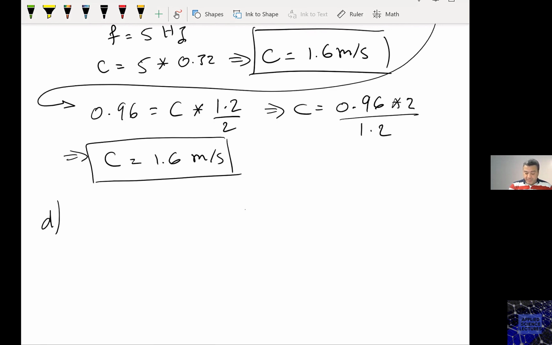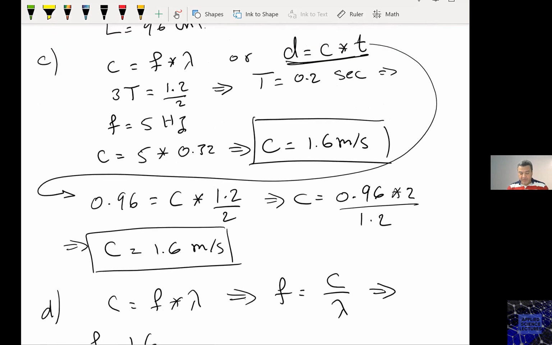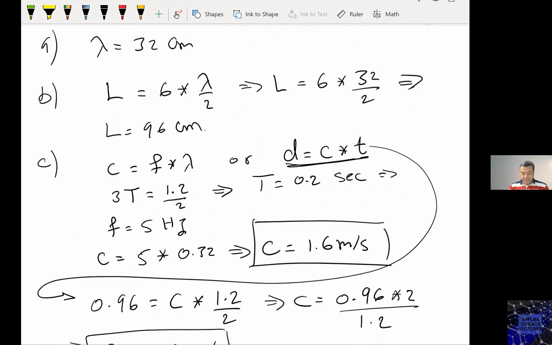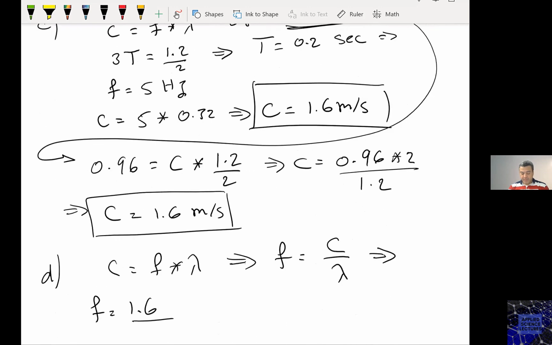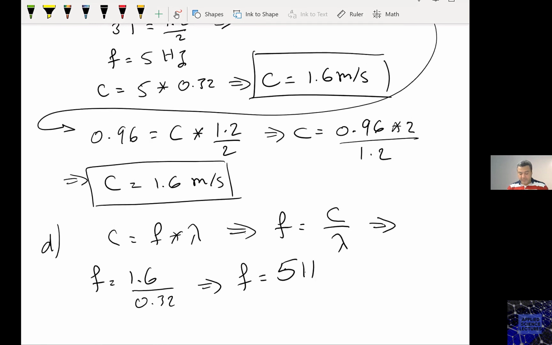However, if you calculate the speed first, then you know that the frequency times lambda equals the speed, which means that the frequency is c divided by lambda, 1.6 divided by lambda, which is 0.32. f would be 5 hertz.